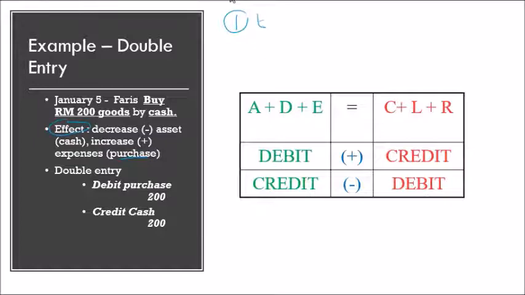So first, know the effect. When buying goods or stock, you will have a decrease in asset, since you have to pay for the things that you buy.